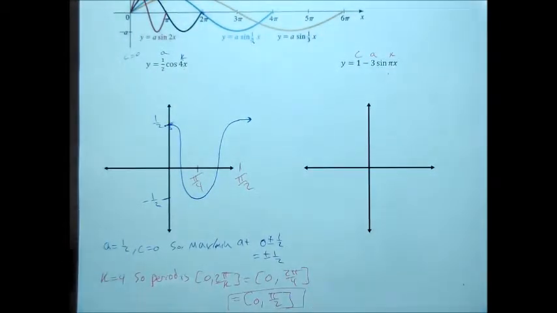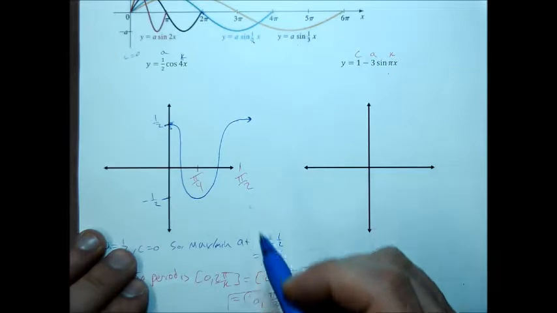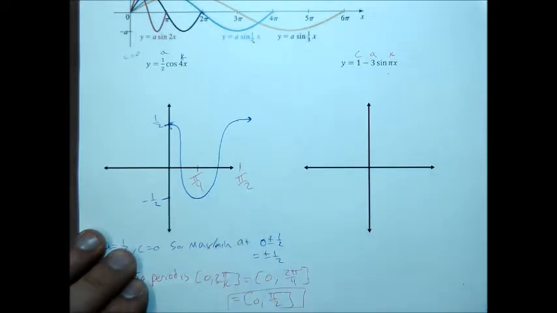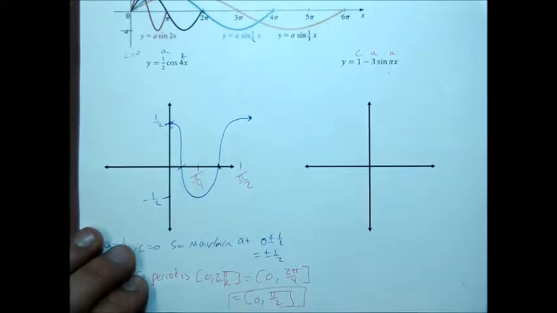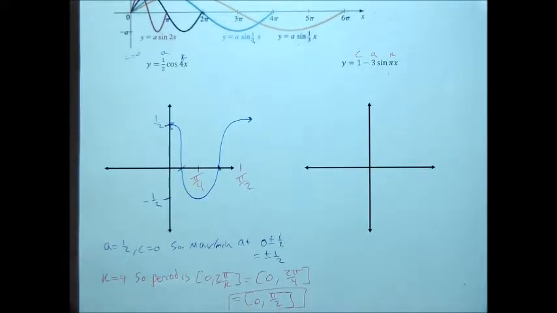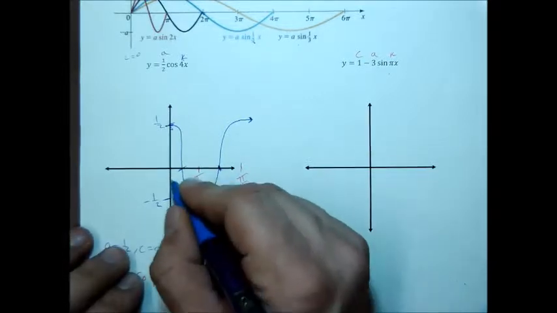And the intercepts are going to be in between those two things. So halfway between pi over 4 and pi over 2 would be this intercept. Halfway between 0 and pi over 4 would be that intercept, so this will be pi over 8.